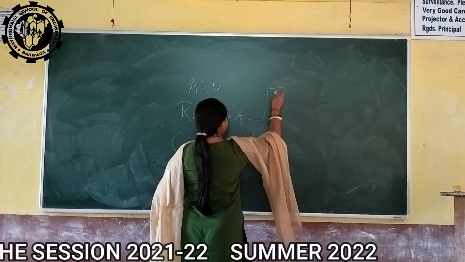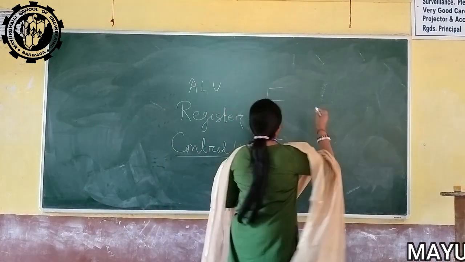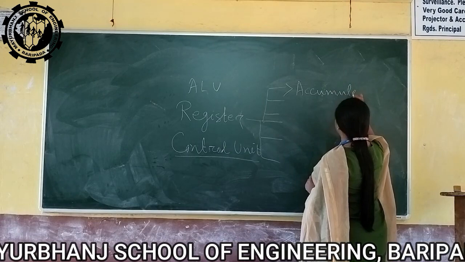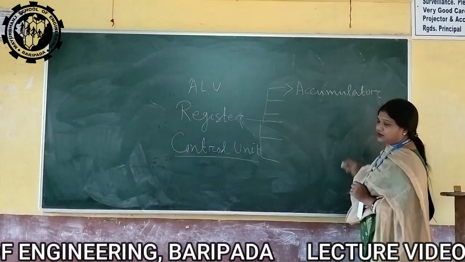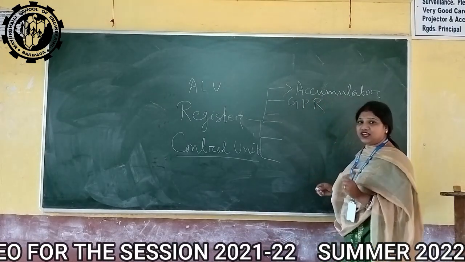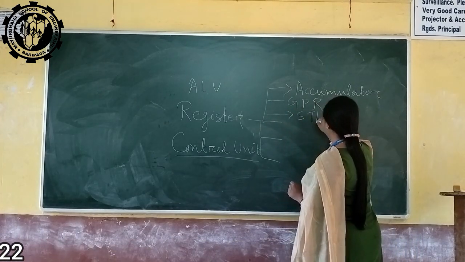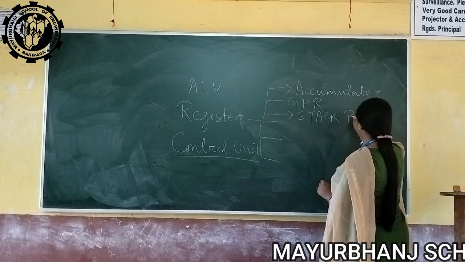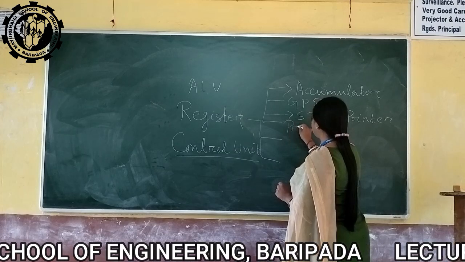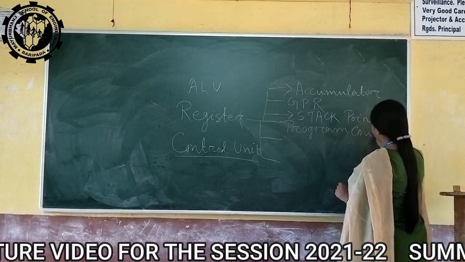Again, the register is divided into 6 types. What are they? The first is the accumulator. The second is GPR, standing for General Purpose Register. The third is the stack pointer. The fourth is the program counter.